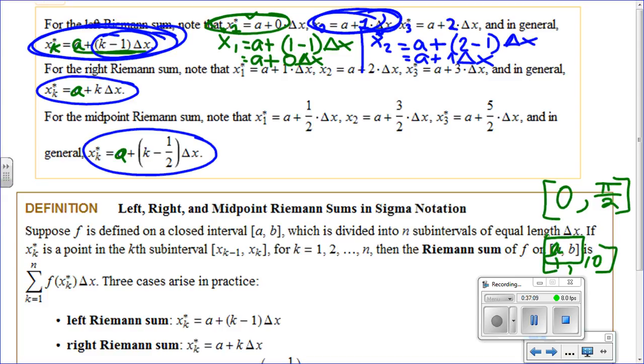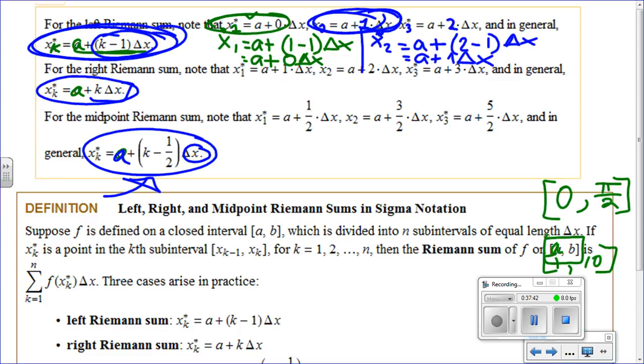So now for the right one, we don't have to do that 1 less thing. We just added, we don't want to start at the 0. If that was our starting point, let's say we want to move to 1. So then we will just do that. And that's the difference. And now for the midpoint, of course, you're going to have to consider what your starting point is. And then you will add that delta x this many times.